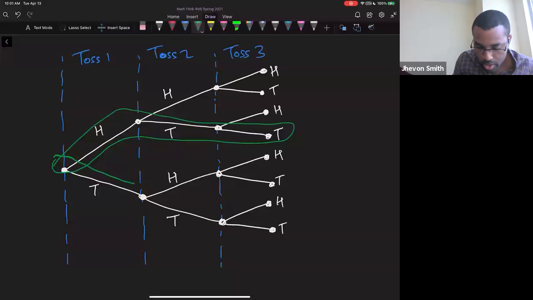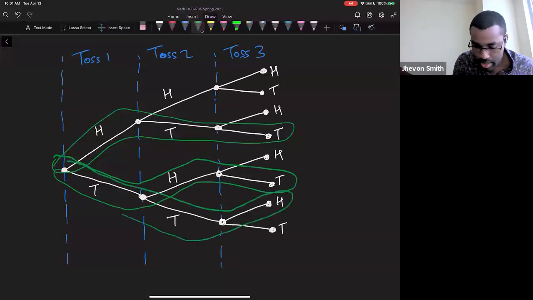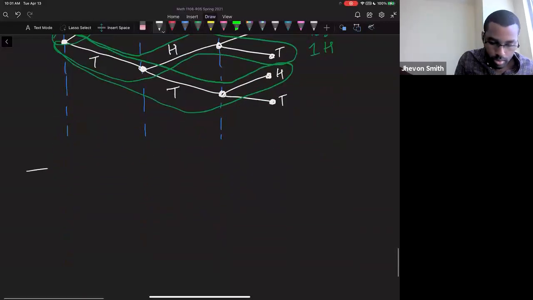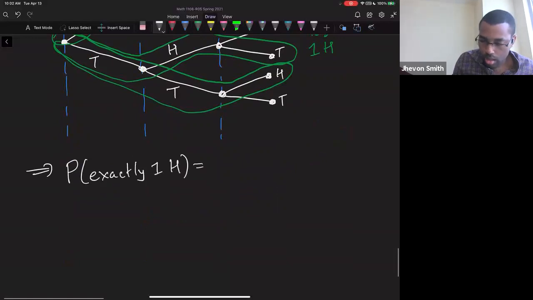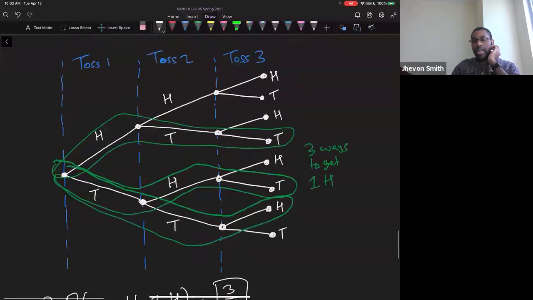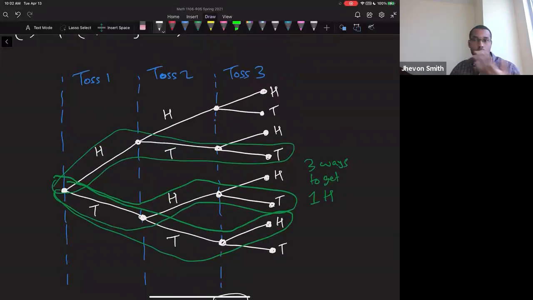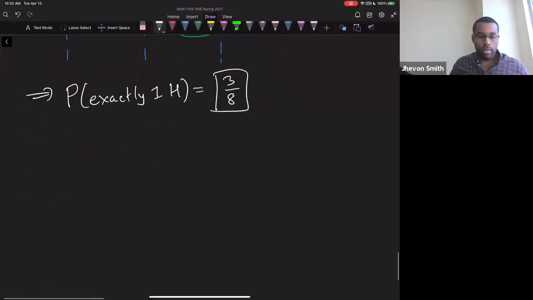I can avoid the head at first, then get a head, then I'm forced to pick a tail after. Or I can avoid the heads, and then pick the heads last. 3 ways to get 1 H. So the probability of exactly one head is 3/8. There are 8 arms, and 3 of them have what I want.